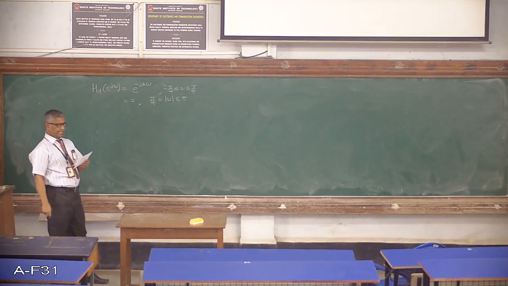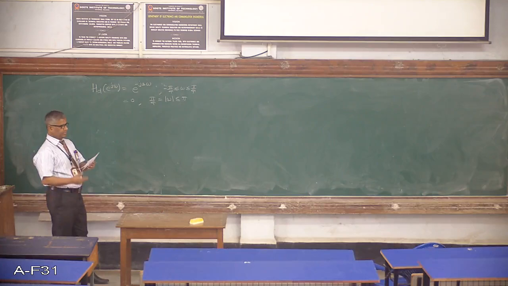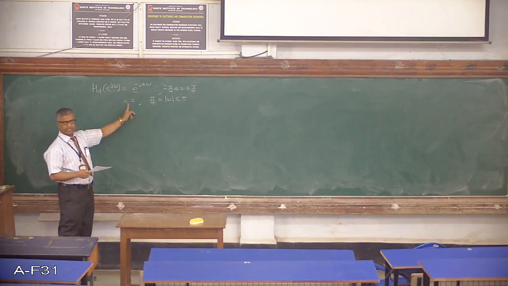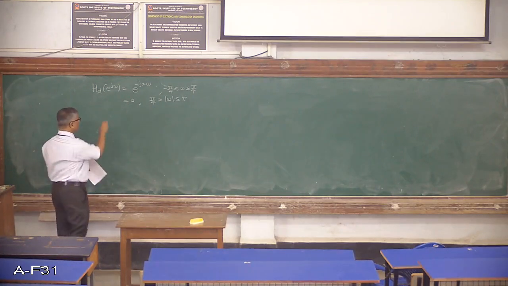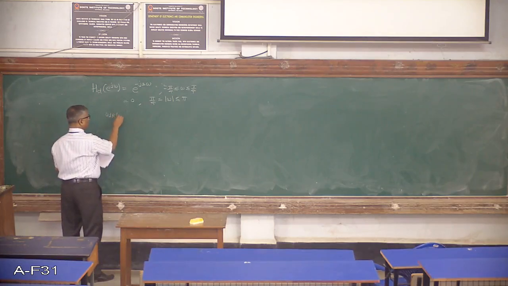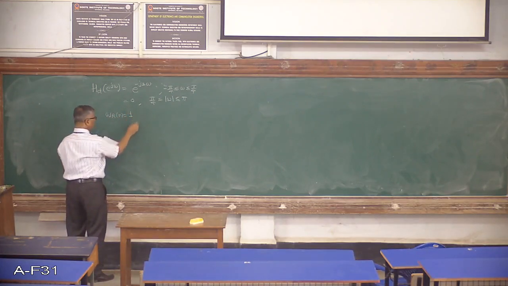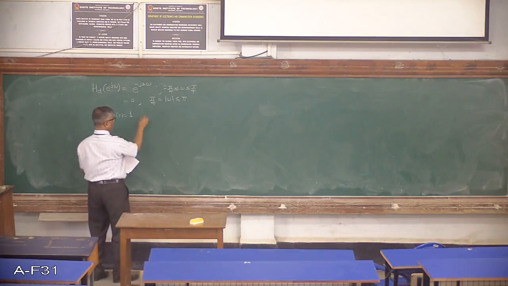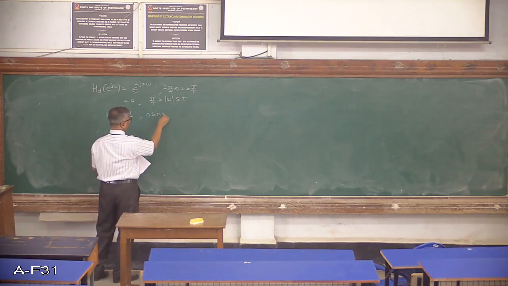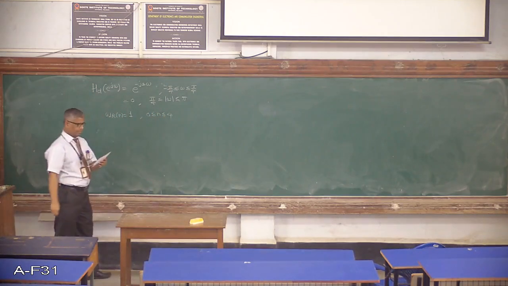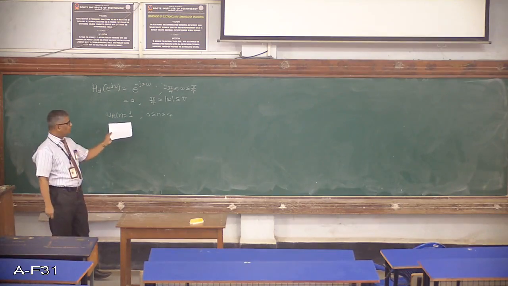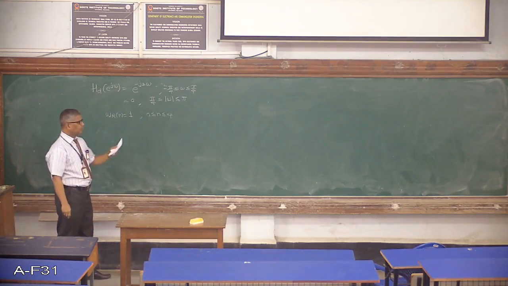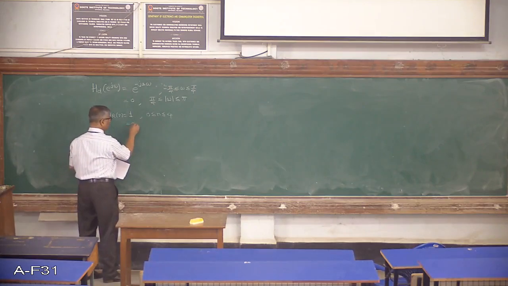So we have to design a FIR digital filter whose desired frequency response is given like this, using a rectangular window. WR of n is equal to 1 for n varying from 0 to 4, and it is 0 otherwise.